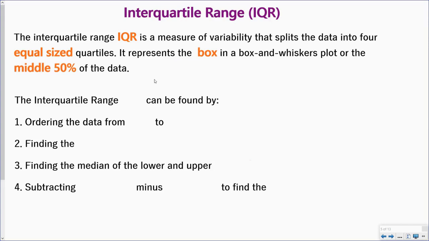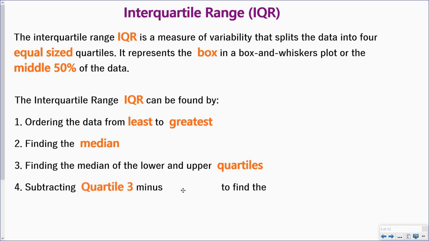To find the IQR, we're going to order the data from least to greatest, find the median, and find the median of the upper and lower halves. Then we subtract quartile 1 from quartile 3 to find the IQR.